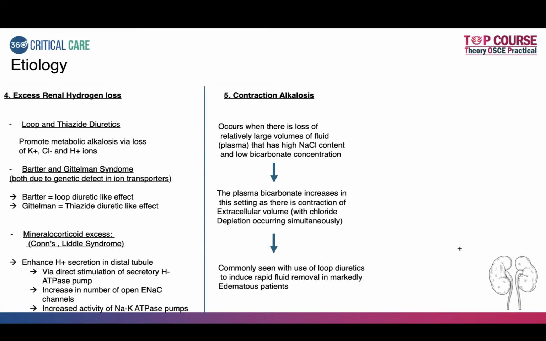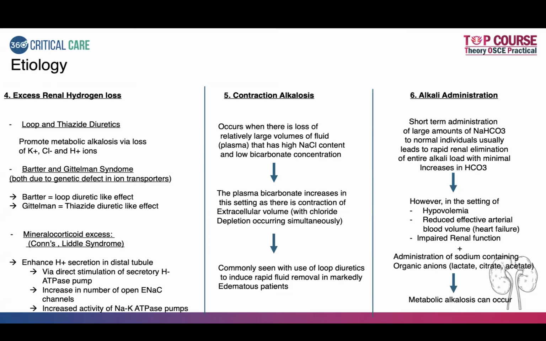So the plasma bicarbonate increases in this setting as there's a contraction of the extracellular volume with chloride depletion occurring simultaneously. So this is commonly seen in patients on loop diuretics to induce rapid fluid volume removal in markedly edematous patients, especially in patients who have been initiated on deresuscitation or in patients who have been very aggressively treated for cardiogenic pulmonary edema.